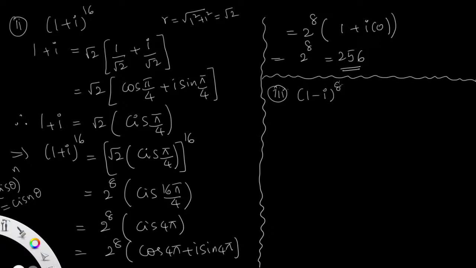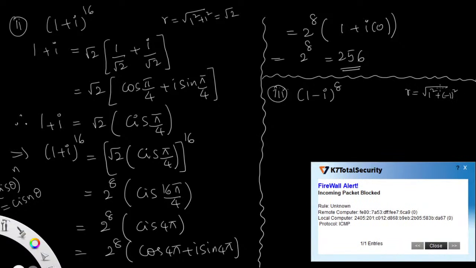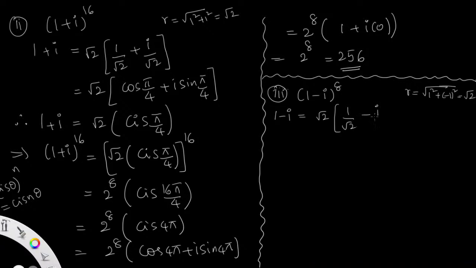The same method. So now we multiply and divide with what number? That is r equal to root over 1 square plus minus 1 whole square. Don't write minus i. That is also root 2 here. So 1 minus i is root 2 into 1 by root 2 minus i by root 2.